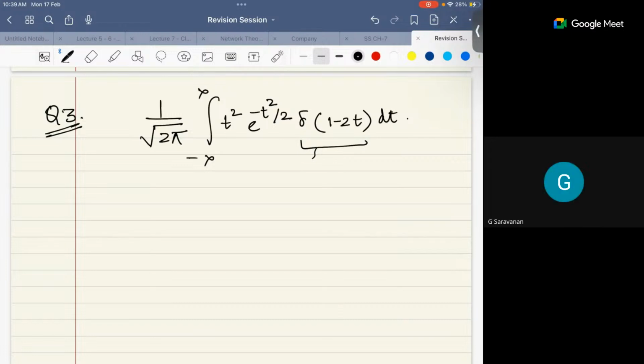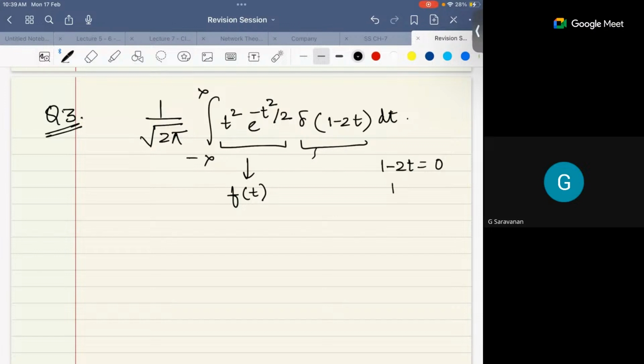So here x of t is t squared e to the power of minus t squared by 2, and delta of 1 minus 2t. You can think of this as a function f(t). The delta is defined at which place? 1 minus 2t equals 0, so t is equal to half.